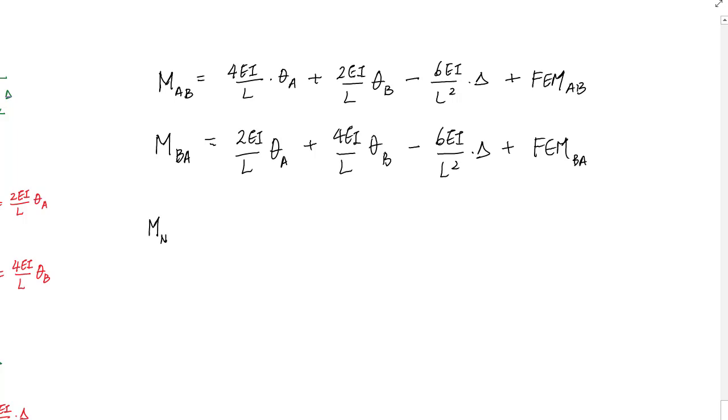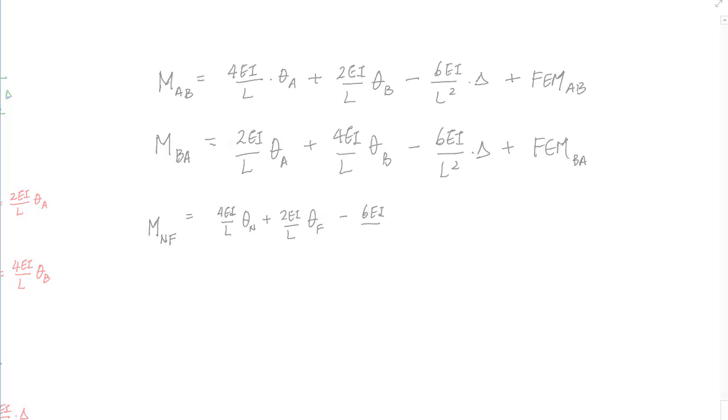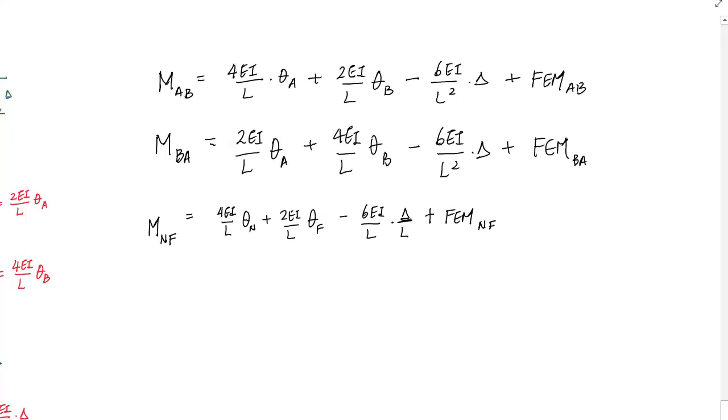So if I'm looking at AB, A would be the near point and B would be the far point, and this would be 4EI over L theta near plus 2EI over L theta far minus 6EI over L times delta over L, which is the chord rotation, plus FEM near far. And this would work whether I'm looking at AB or BA. I would get the same result, right?